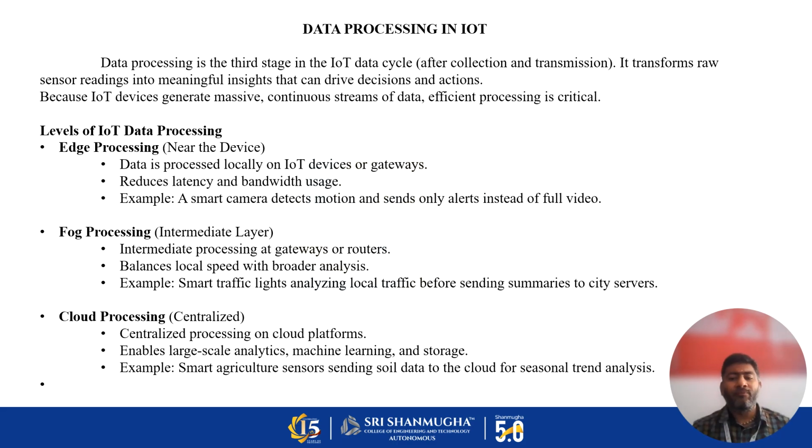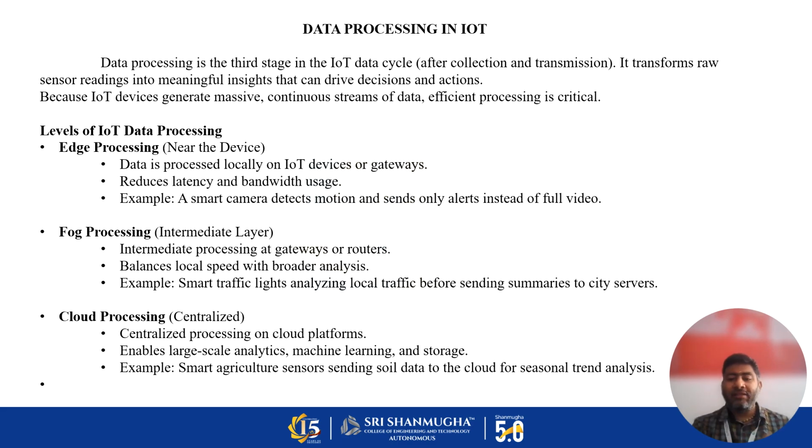For example, you have a smart camera that detects motion and then sends only an alert instead of the full video. So you have a motion sensor that detects motion, and a camera that also records the motion. Whenever your camera records some kind of movement, it will not send all the data to your cloud because that takes a lot of memory storage.